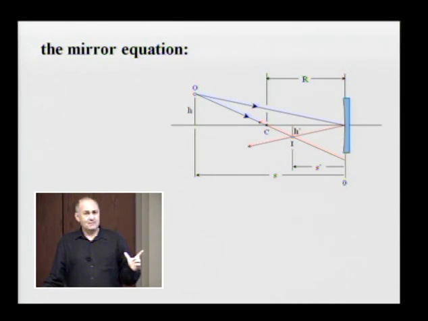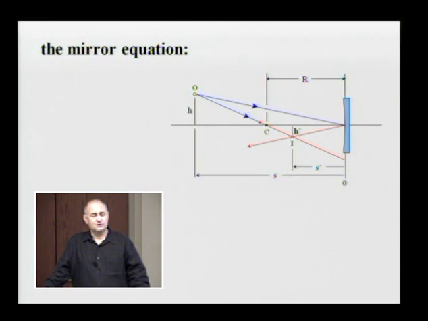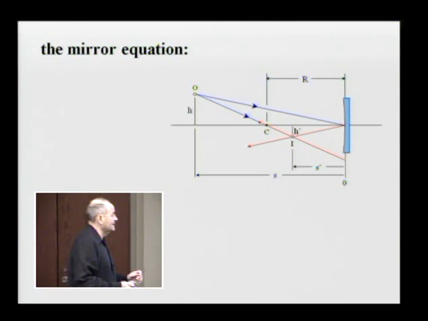Now, you probably noticed if you read the chapter that we have an equation which relates position of the object with position of the image, which is referred to as a mirror equation or a thin lens equation. Those equations come out exactly from geometrical analysis of the situation, and I want to illustrate it.